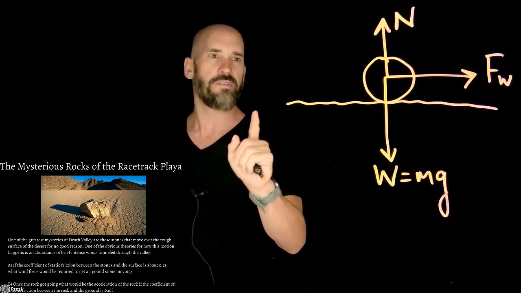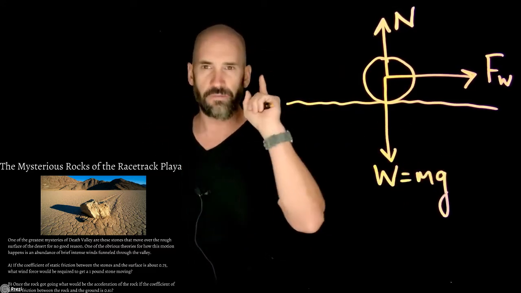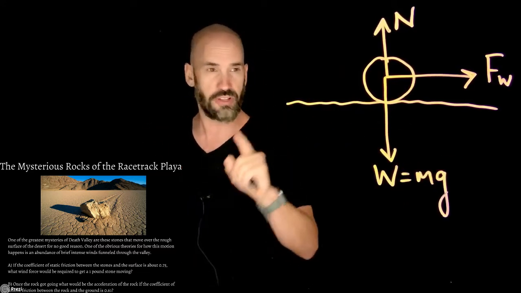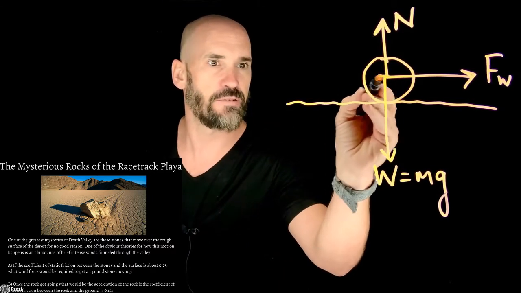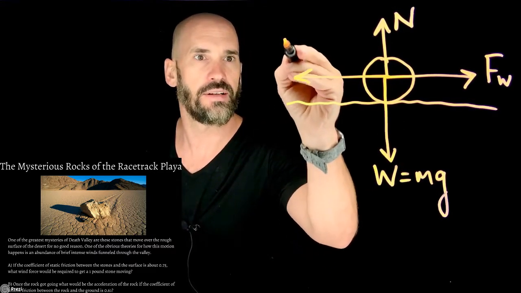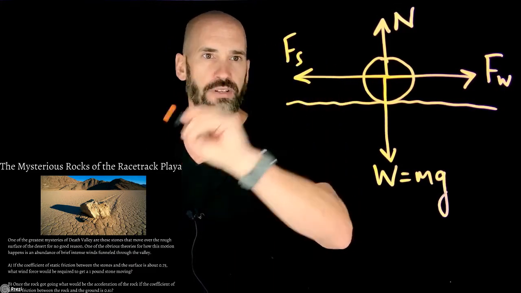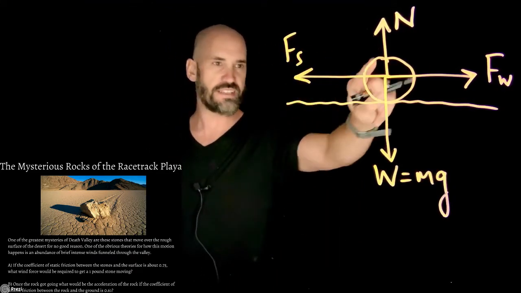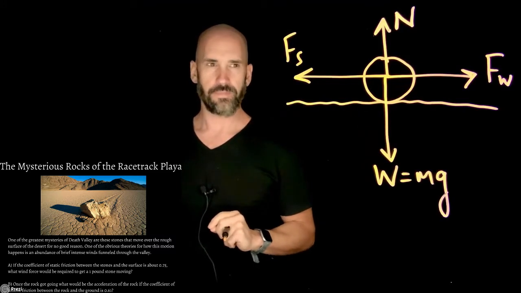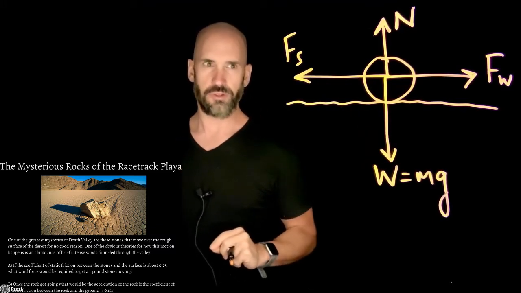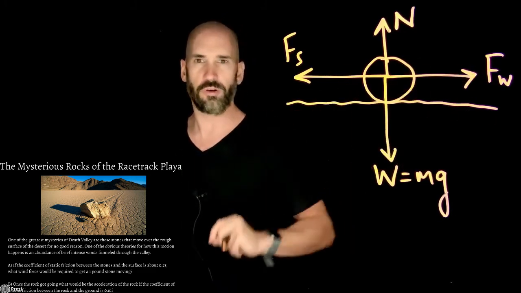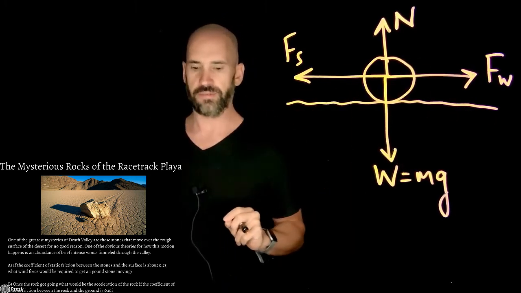And if there's a force in this direction, and we're finally dealing with the real world where there's actually frictional forces, we can't forget that there is going to be a static friction. I'm going to call it Fs for static friction, that is resisting that wind force, okay? And so, just like with all the force problems we do, to find this force, we need to do a Newton's second law analysis, okay?